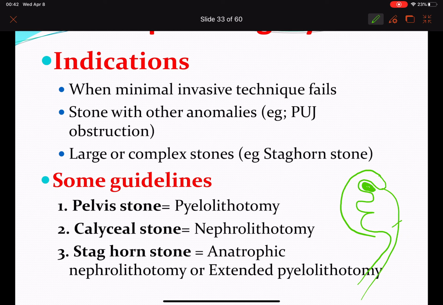By cutting the pelvis, it is very difficult to go inside and bring the stone out. So what we can do is cut the kidney radially and remove the stone. This is known as nephrolithotomy.